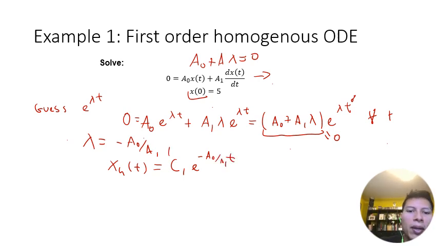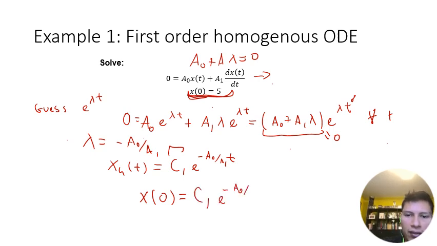Now, we don't know what this constant is, but they gave us the value of our solution at time equals 0. So we're just going to say here x of 0 equals c1 e to the negative a0 over a1 times 0, which has to be equal to 5.